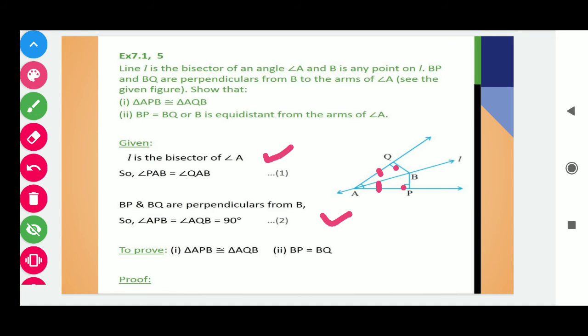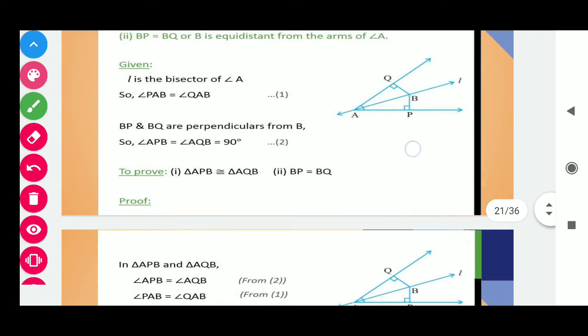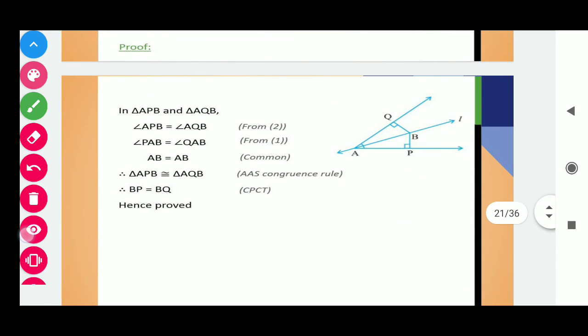So to prove that triangle APB is congruent to triangle AQB, and second, that BP is equal to BQ, let's start the proof. In triangle APB and triangle AQB, angle APB is equal to angle AQB, that is given, and from the first, angle PAB is equal to angle QAB also, both are equal, and here AB is common to both the triangles.